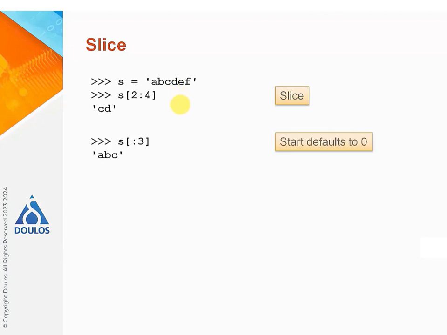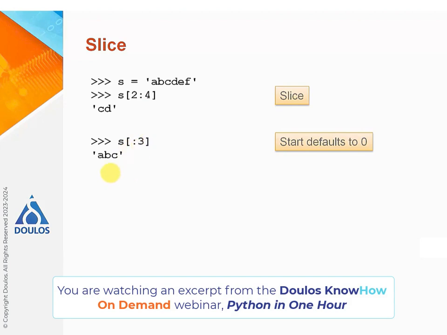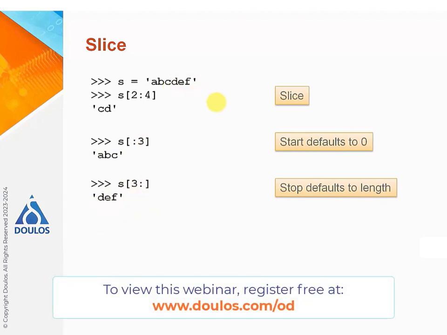And there are defaults for the start and the stop. So if you miss out the start, it defaults to 0. So s[:3] is going to give us 3 characters, index 0, 1, 2. The stop defaults to the length of the string. So s[3:] is giving us 3 characters D, E, F, the final 3 characters in the string in this case.